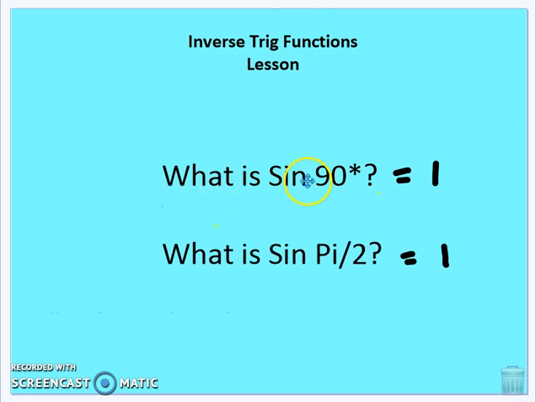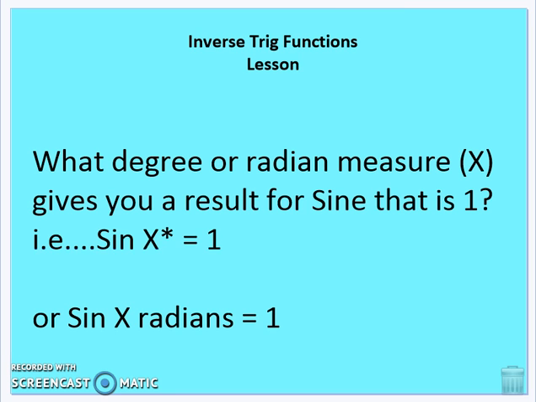Looking back at what we concluded, the angle or radian measure that gives me a side length relationship for sine of 1 is 90 degrees. So we're flipping the relationship for the side lengths and the angle measure, and we're going to evaluate that as the inverse sine, or inverse trig function.